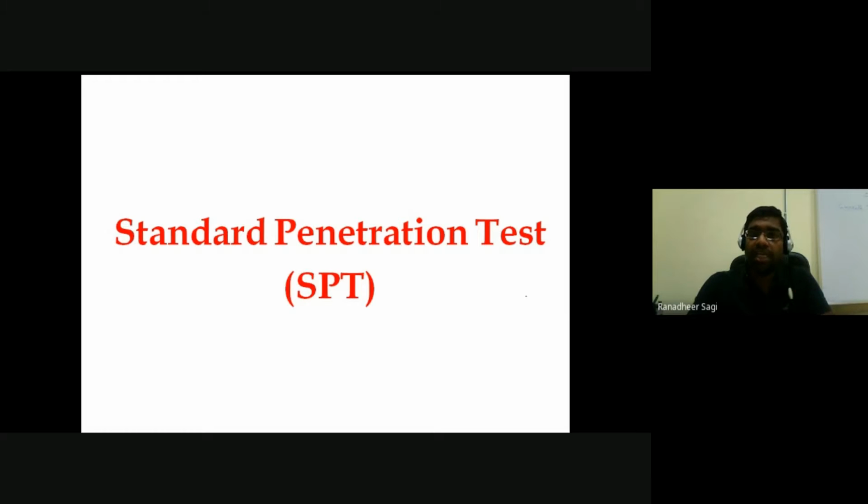That number of blows is called the standard penetration number, the SPT N value. N indicates number. Depending on the SPT N value, we have different correlations available in the literature, based on which one can find out different properties of the soil.